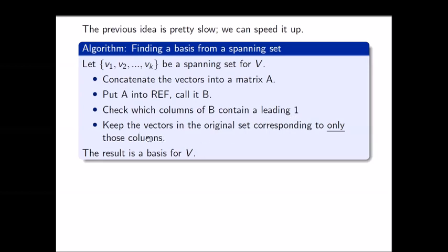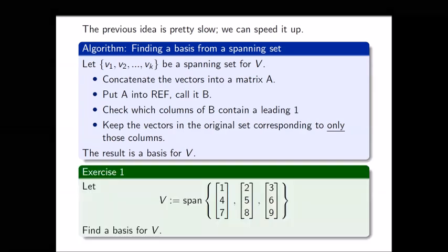And then we keep the vectors in the original set corresponding to only those columns which have a leading one in B. And the resultant set of vectors is a basis for the space V.